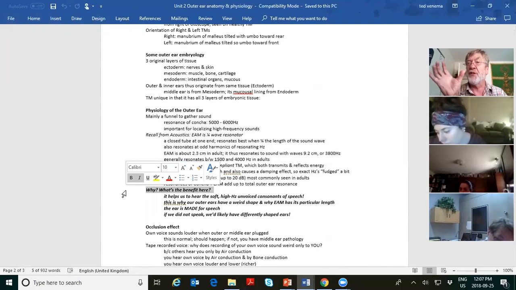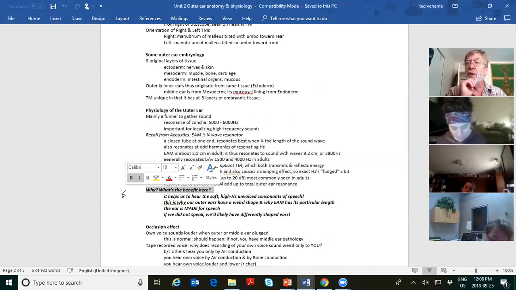WL equals 340 divided by F. And F, frequency, equals 340 divided by WL, wavelength. The 340 is always on the top. So wavelength is speed of sound over frequency. Frequency is speed of sound over wavelength. Good. Let's look at frequency as speed of sound over wavelength.